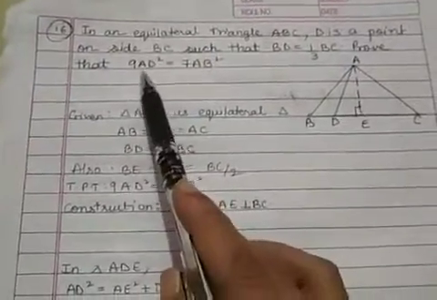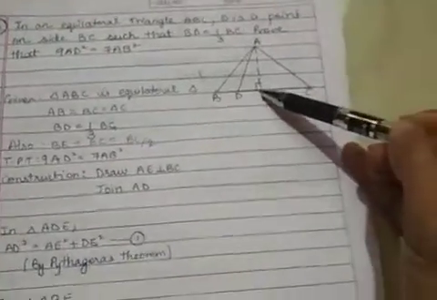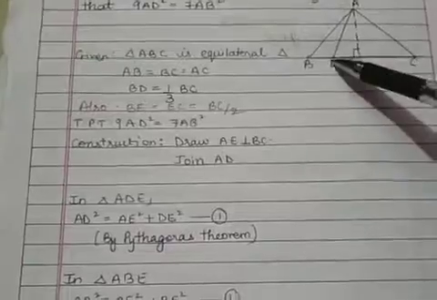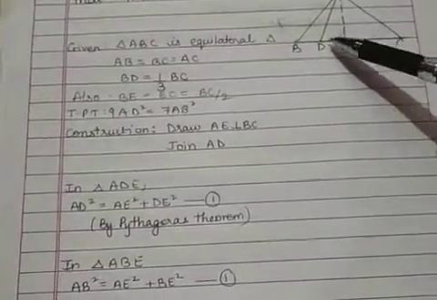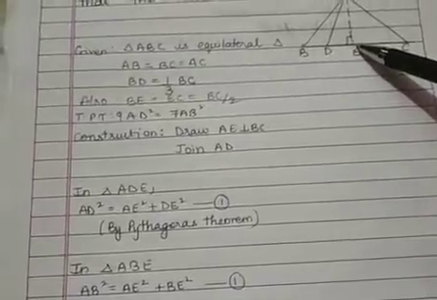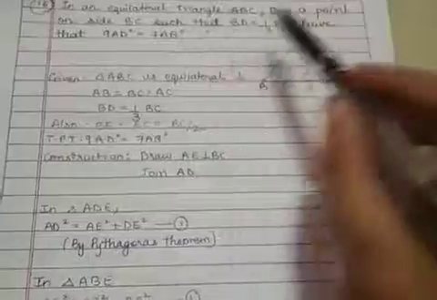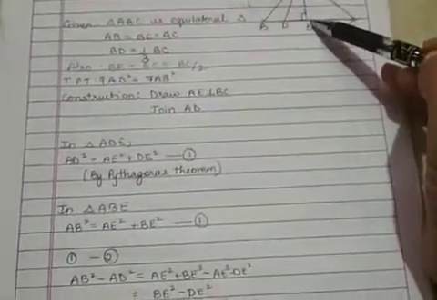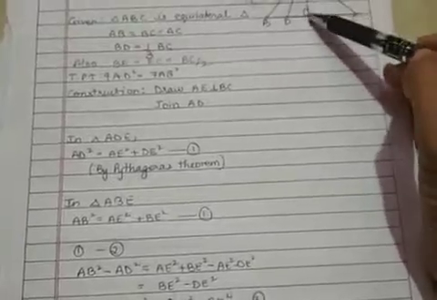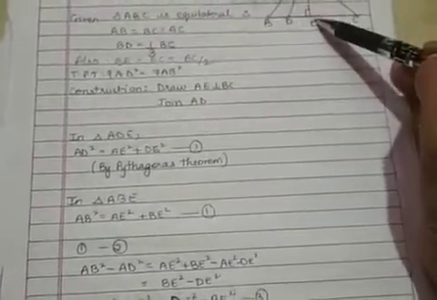Now we need AD, so let us take the triangle ADE. In triangle ADE, AD square is equal to AE square plus DE square, by Pythagoras theorem. Next we need AB square, so let us take the triangle ABE. In triangle ABE, AB square is equal to AE square plus BE square.